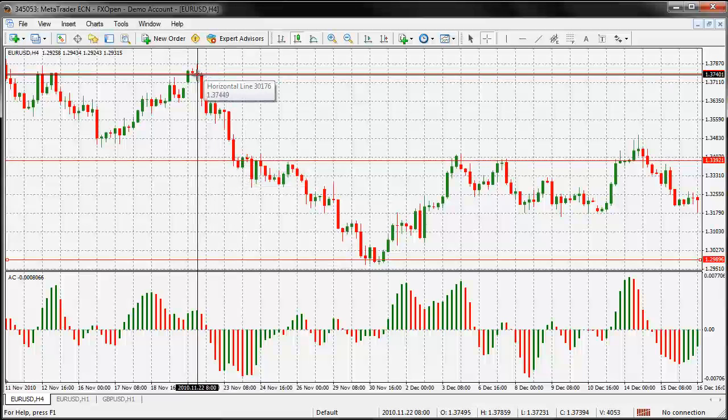Then there was a gap from there all the way to here, 25 times 4, so that's 100 hours. So in 4 days or so, okay, 4.5 days, we had to wait for another signal.